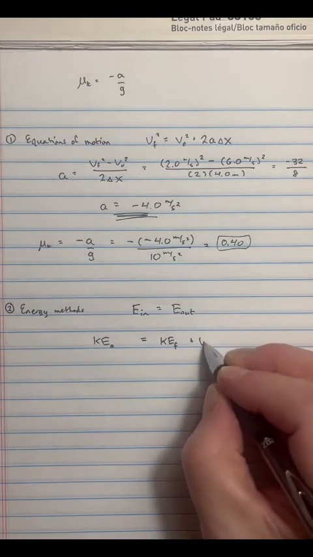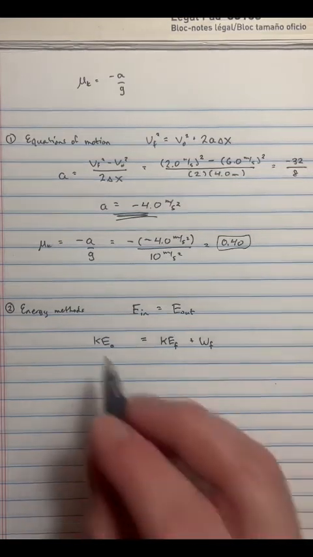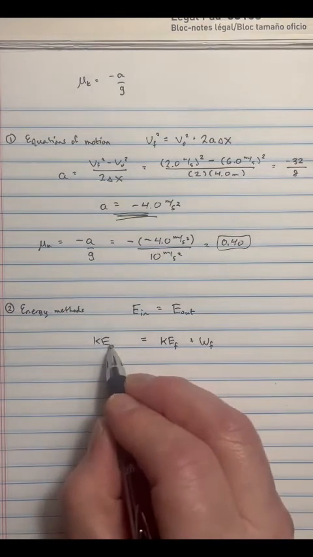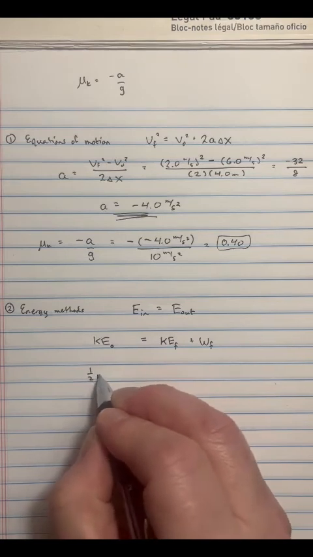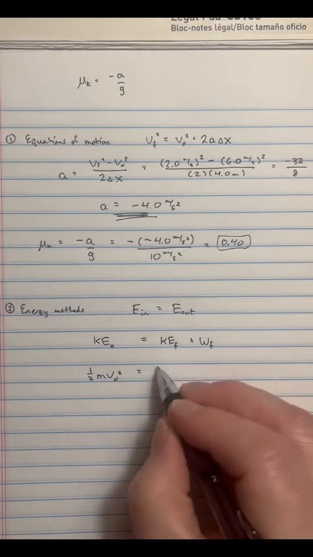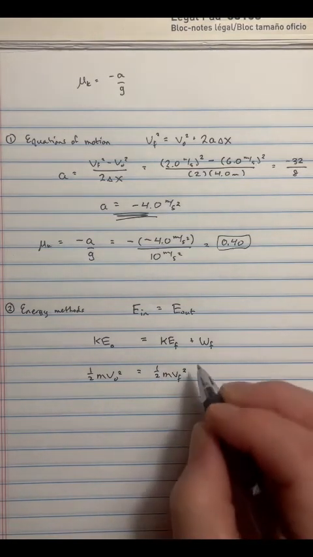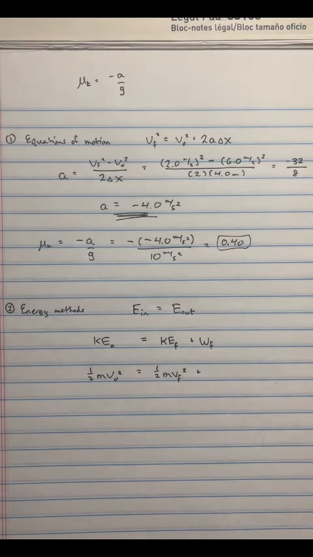We have work done by friction. Okay, now how's that going to look? Let's work this out. So, kinetic energy, 1/2 m v naught squared for the original kinetic energy, 1/2 m v f squared for the final kinetic energy, and then what's work?